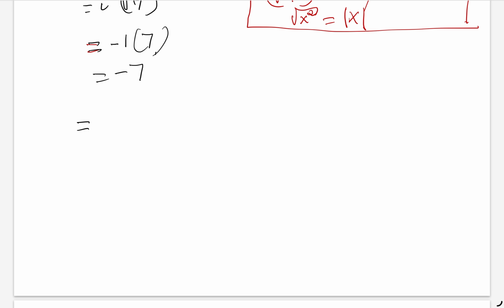Now, let's do one more. Let's do some rational numbers. So you can have the square root of -12, for example, divided by the square root of -4. Okay.